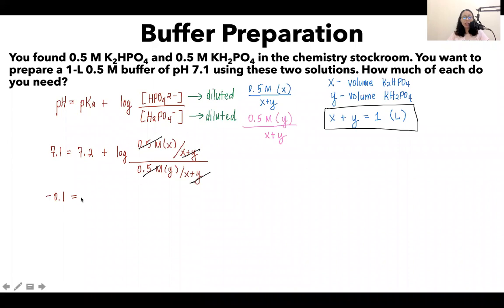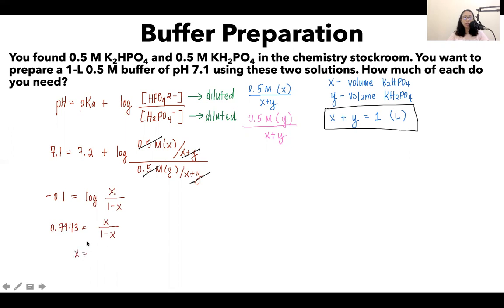So we get negative 0.1 equals logarithm of X over Y, and we can substitute Y with 1 minus X. So getting the anti-logarithm of both sides of the equation, the anti-logarithm of negative 0.1 will give you 0.7943. And you have X over 1 minus X on the right side of the equation.